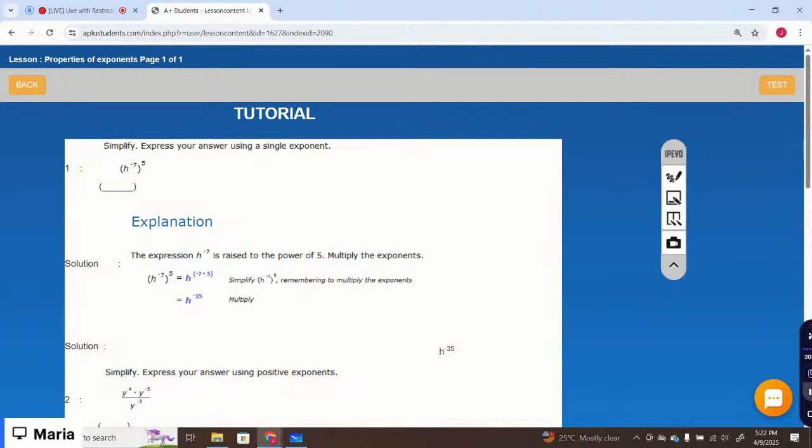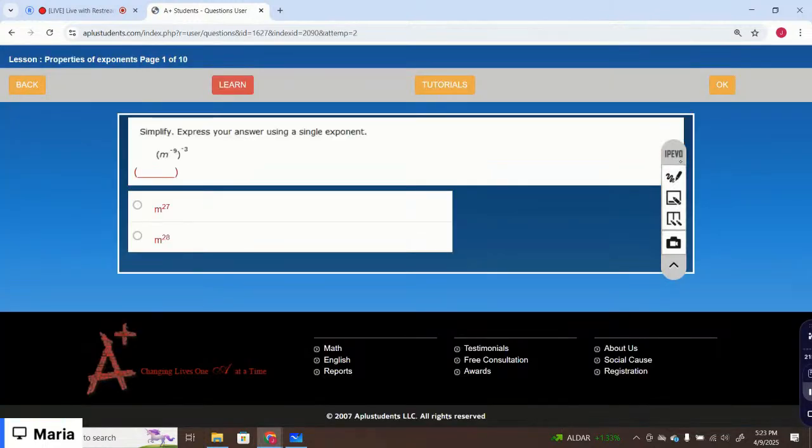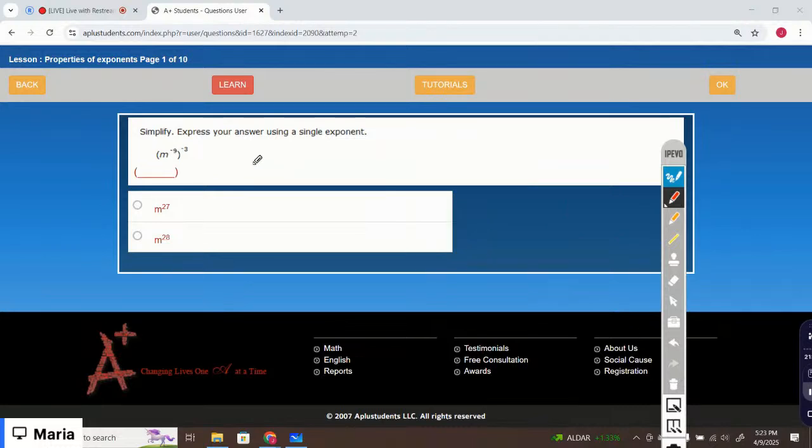Let's just start with the test questions. Simplify, express your answer using a single exponent.